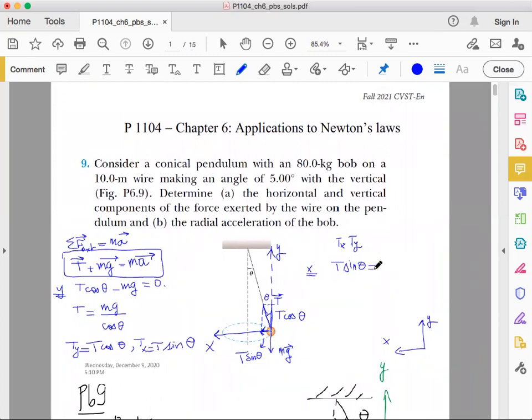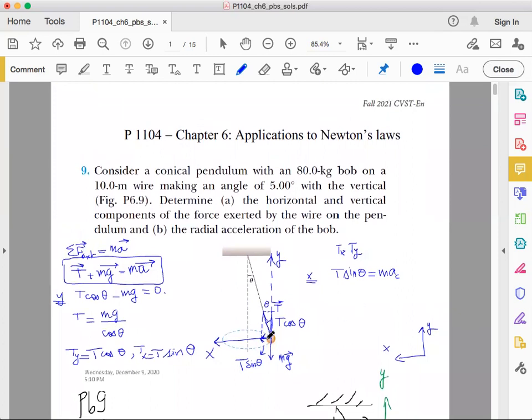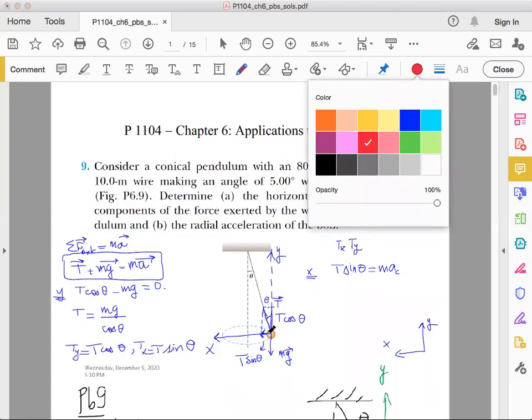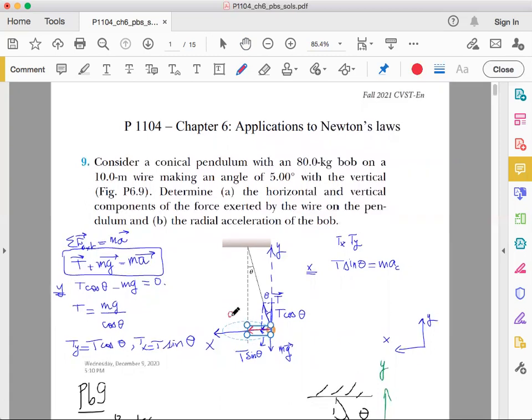So we end up with T sine theta equals m times AC, where AC is the centripetal acceleration, which is along the x-axis, as you can see in here.